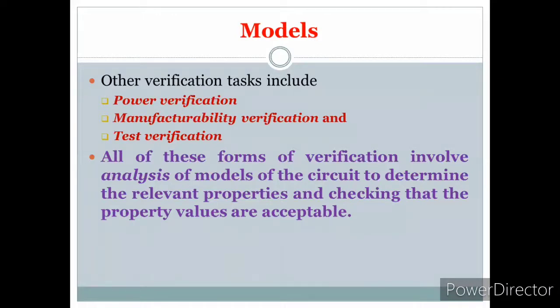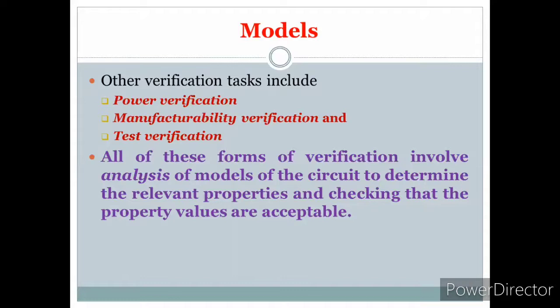Once the product is finally done, again it has to be verified: test verification. So after 100% verification is done on the product, only then should it be given to the market or to the consumers. All of these forms of verification involve analysis of models of the circuit to determine the relevant properties and checking that the property values are acceptable.